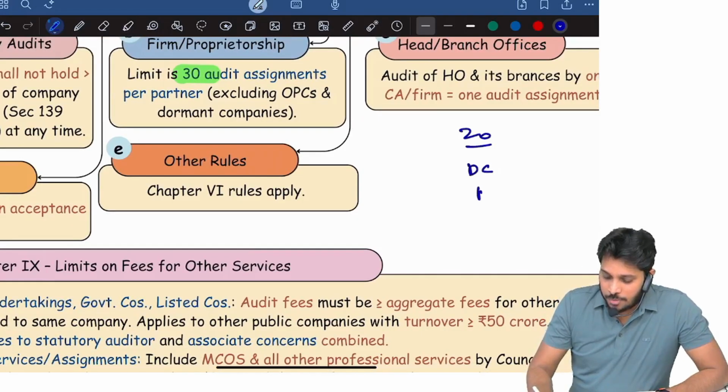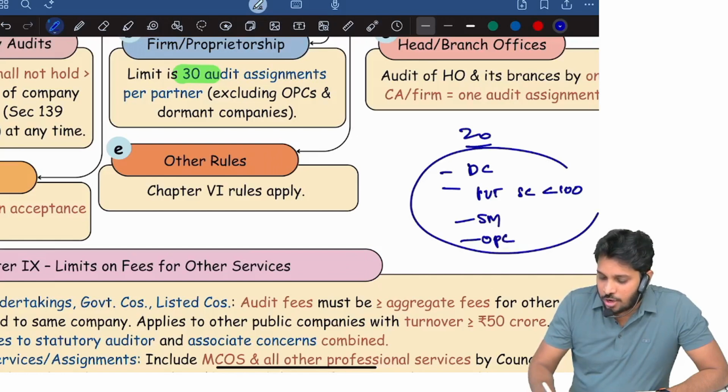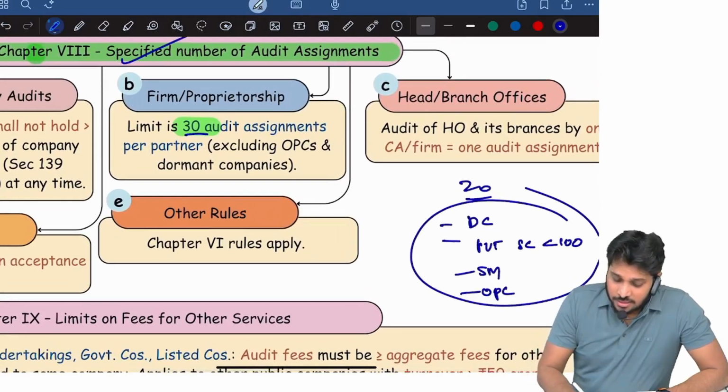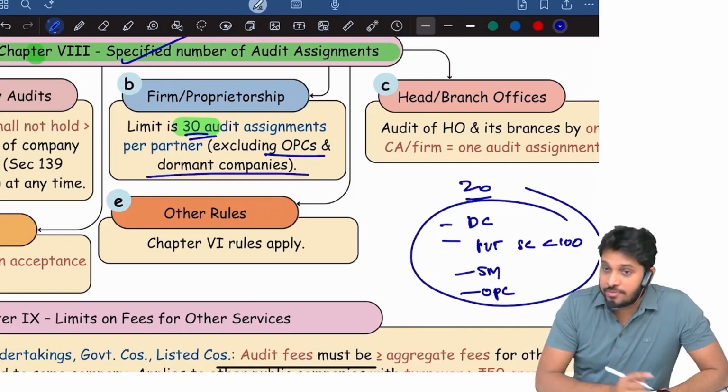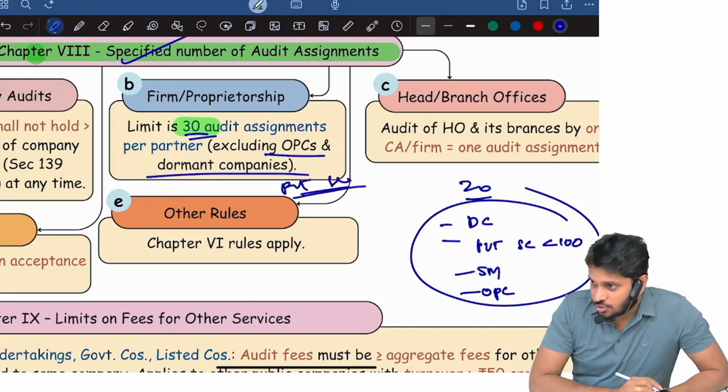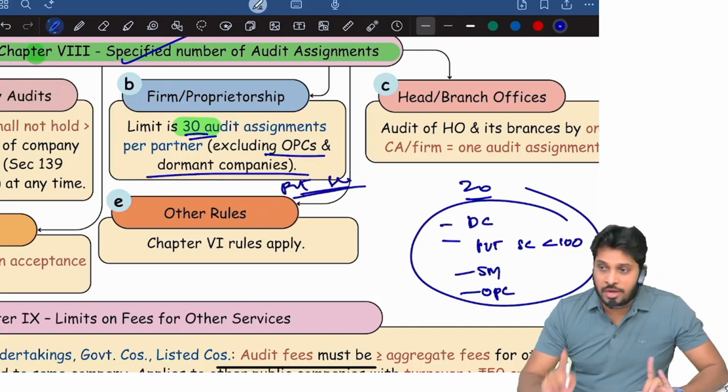In that, a dormant company, a private limited company with paid up capital less than 100 crore, a small company and a one-person company will not be counted as per the Companies Act. However, as per the CA Act, 30 companies are counted, where OPC and dormant will not be counted, which means private limited companies, small companies and all will be counted. Understood? Now, which one do I have to follow? Both you have to satisfy.